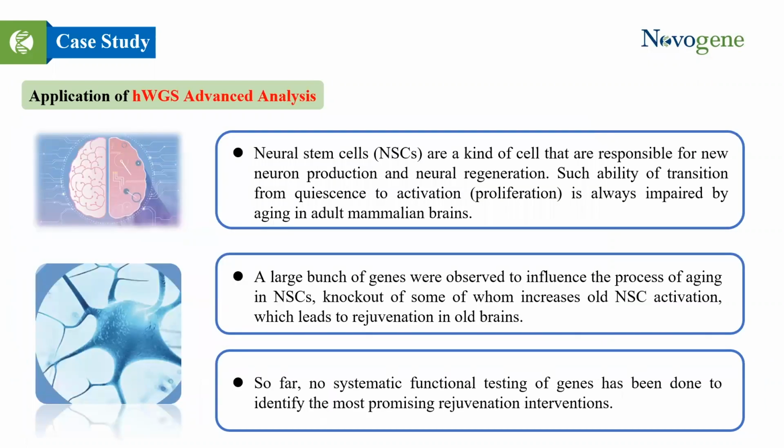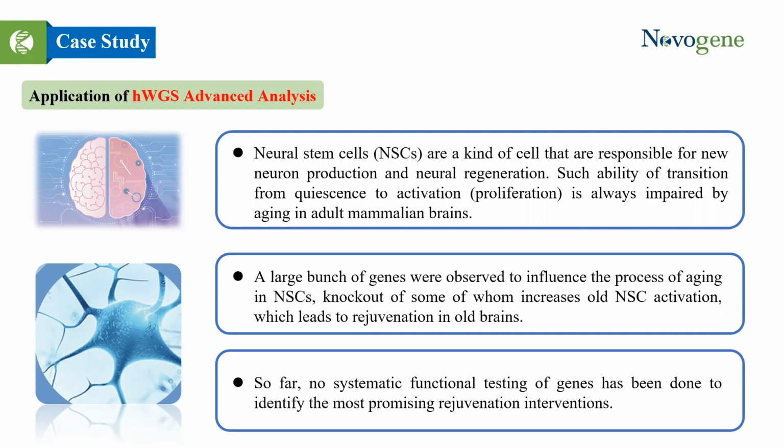Neuron protection and neuroregeneration are essential functions for animals' neuron system, and the cells responsible for these functions are named neural stem cells. But this function is always impaired by aging. Previous studies found that a large bunch of genes were observed to influence the process of aging in neural stem cells.